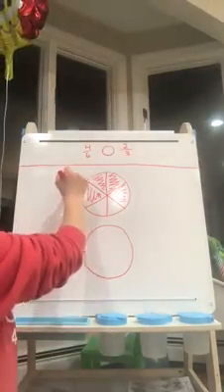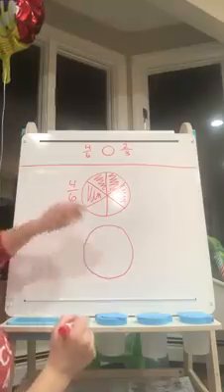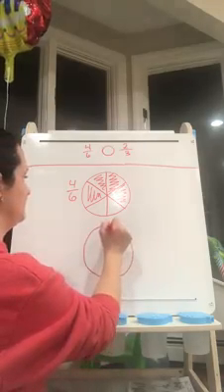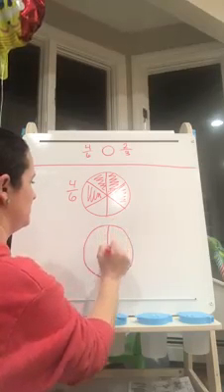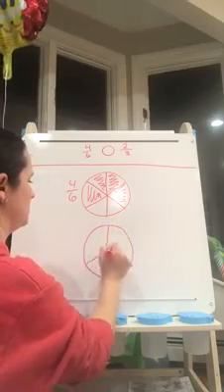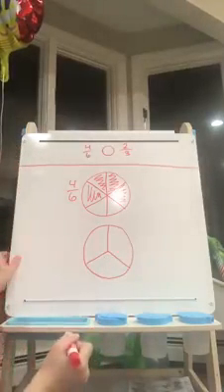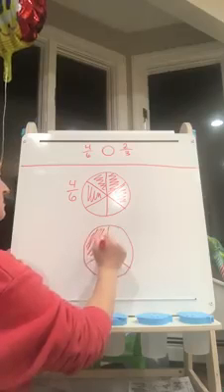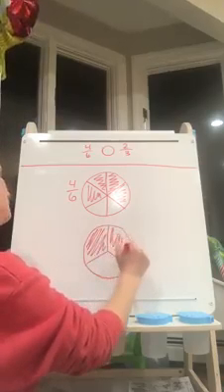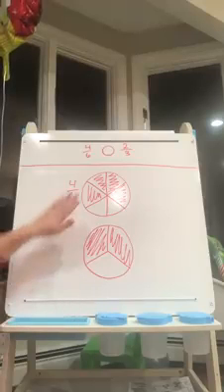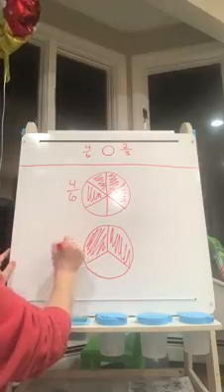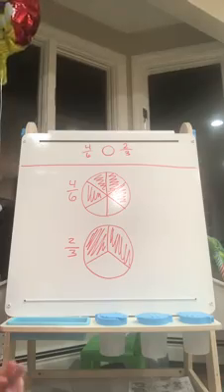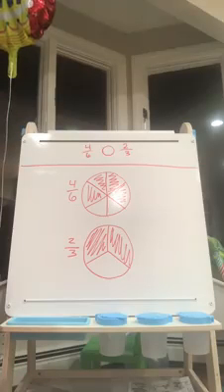So now this circle represents 4/6. This one, I need to show 2/3. I need to shade in 2 out of 3. And once again, you can see that the shading on this one matches the shading on this one. So that's my third strategy to show that these fractions are equivalent.